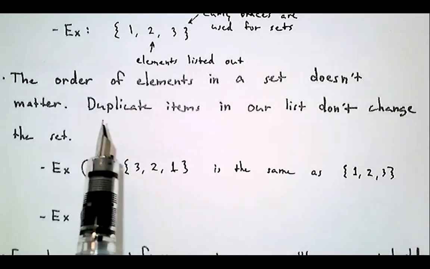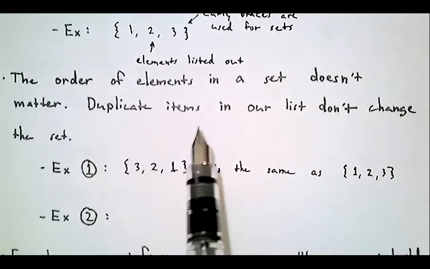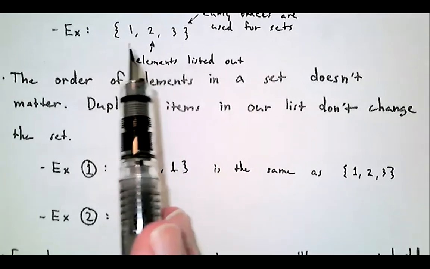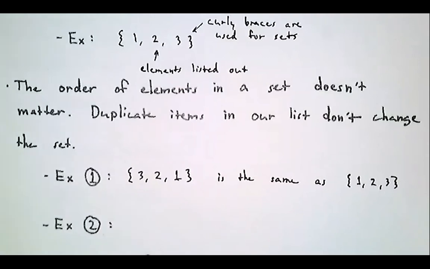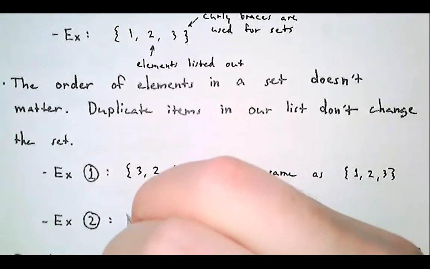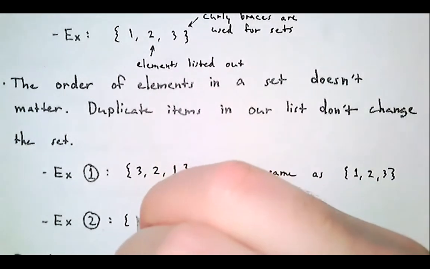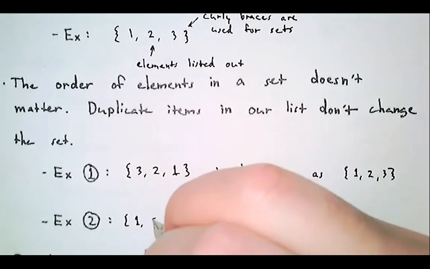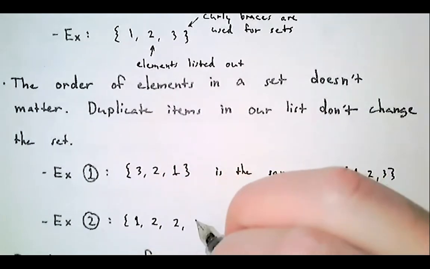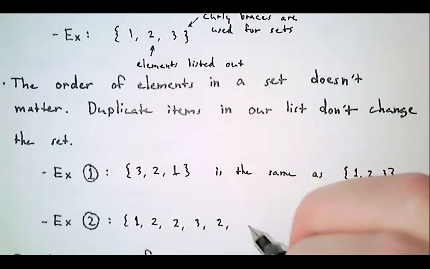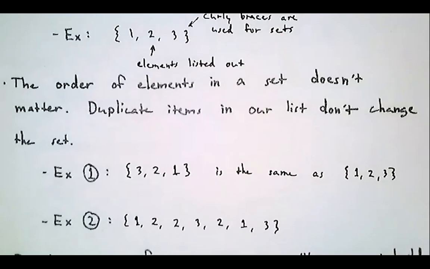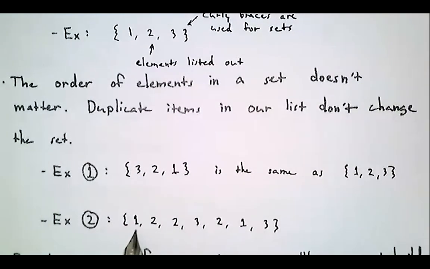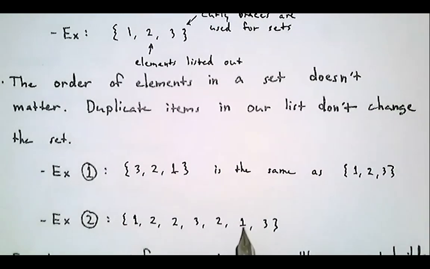And it also doesn't matter if we duplicate items in our list, because if you write down the name of an item more than once, you still only have that single item, like this. Maybe I have 1, 2, 2, 3, 2, 1, 3. So I've listed 1 here and then here, but 1 is still in my set.